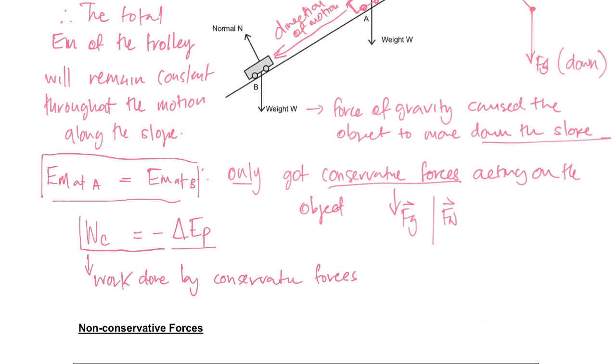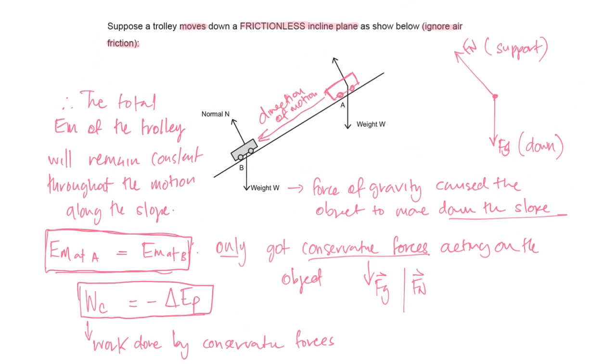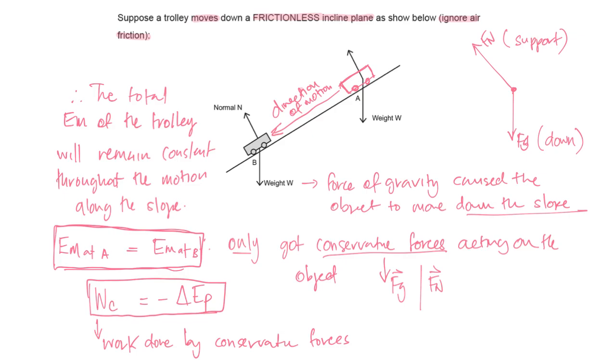So that's the second formula that you have available to you. So I can use these equations if it suits the scenario that I'm in. So please make sure you highlight it or something so that you understand what we mean by conservative forces.